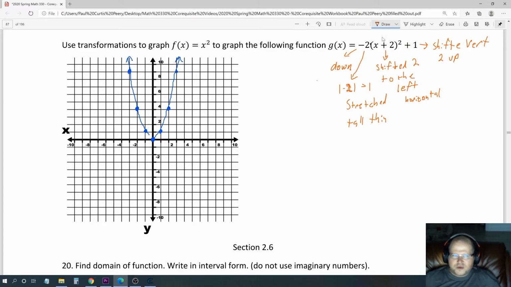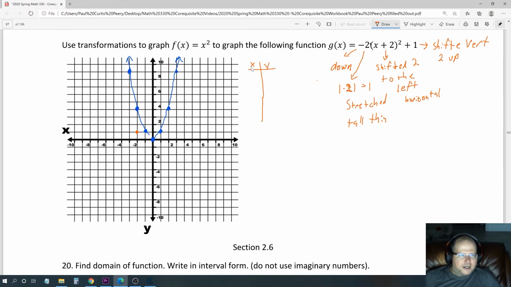So first, let's move this origin, right where the vertex is, right there in the middle of the origin. And what we're going to do is move it according to this. We're going to shift it 2 to the left and then up 1. Once I draw the new vertex here, unless you know what it looks like, it's not a bad idea to make a table like this and plug everything in.